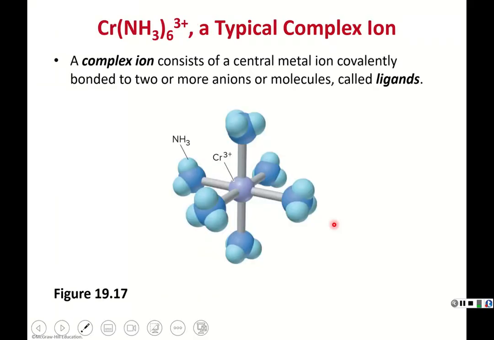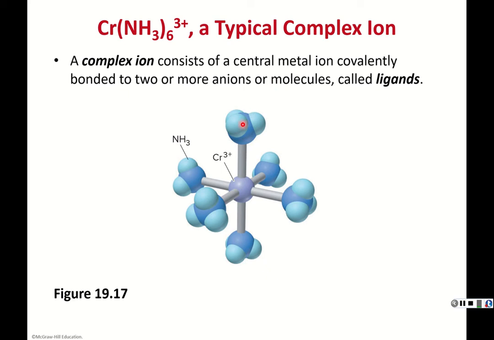The last part of chapter 19 that we're going to cover deals with equilibria and formation of what they call complex ions. So a complex ion consists of a central metal ion, and it's covalently bonded to 2 or more anions or molecules called ligands. Okay, and so this is an important point, that the positively charged metal ion is covalently bound.